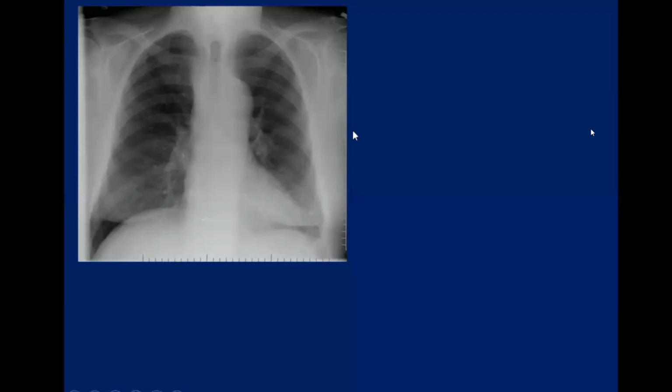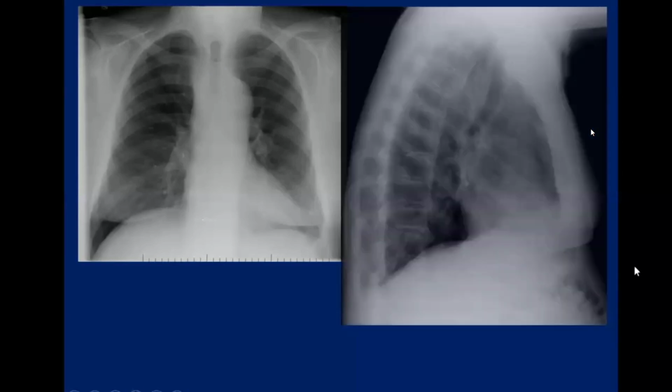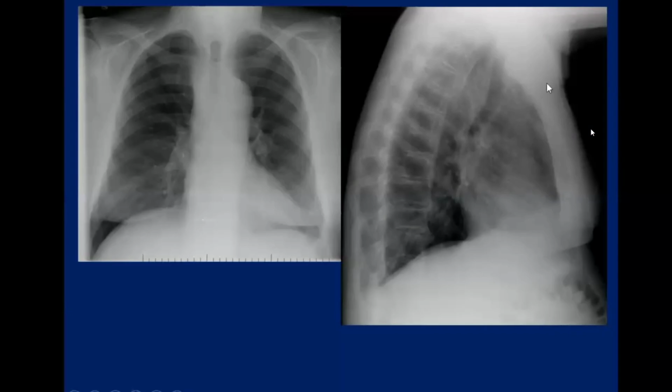So the frontal view may show maybe some widening of the mediastinum. This is not very clear. However, on the lateral view, you will see that this is the trachea, there's anterior bowing of the trachea, and the retrotracheal space is no more lucent, it's obliterated.